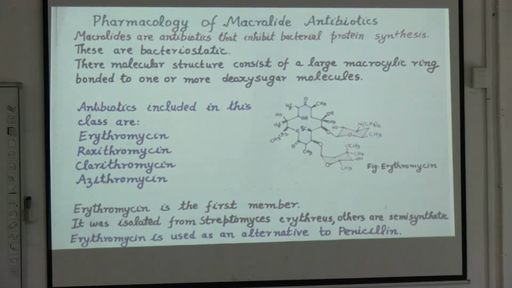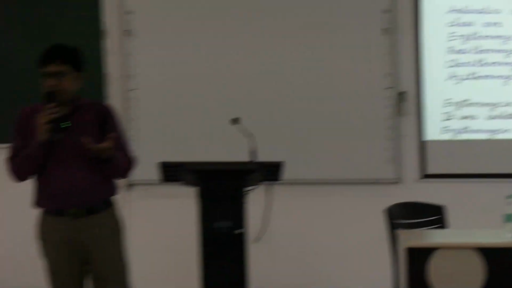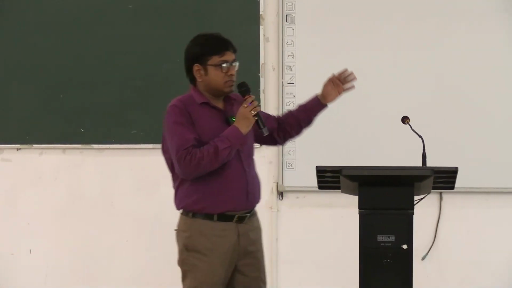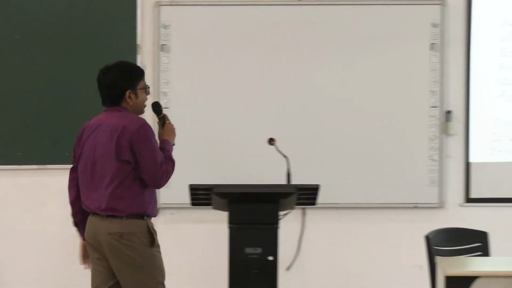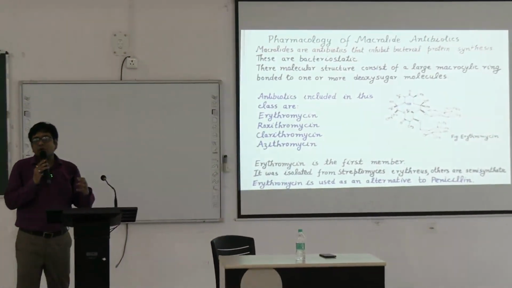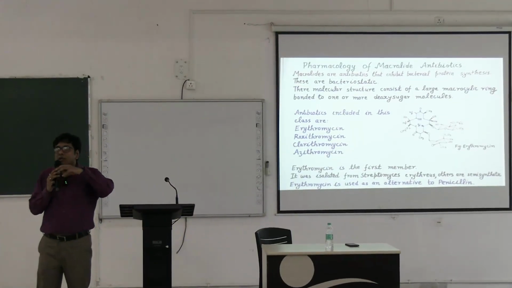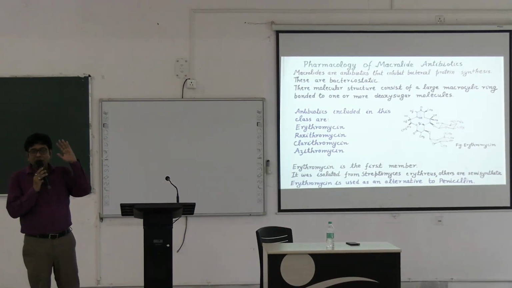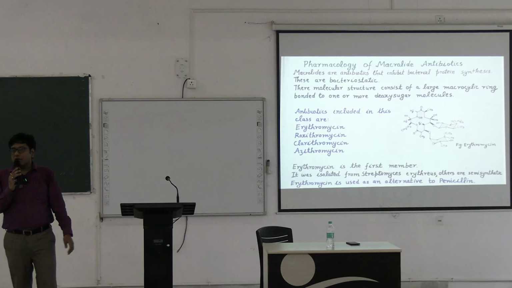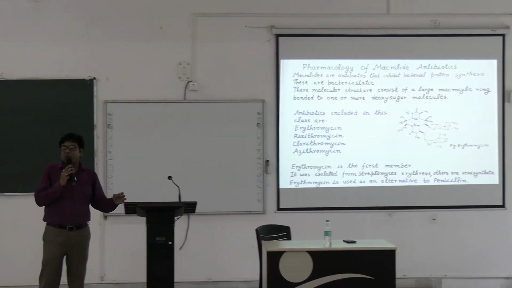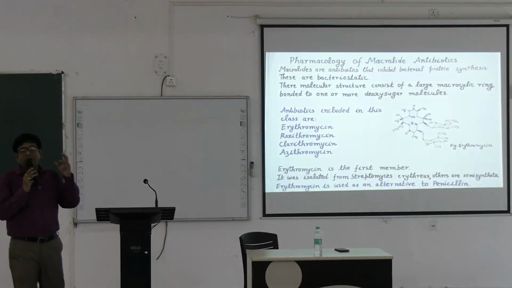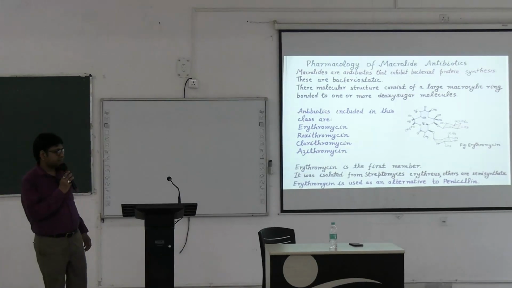And cidal means they simply destroy the cells, so immediately they are more effective. This group of antibiotics are bacteriostatic. They do not directly kill the bacteria, but they inhibit bacterial proliferation by inhibiting bacterial growth. And how they inhibit bacterial growth, we will see: they inhibit bacterial protein synthesis.